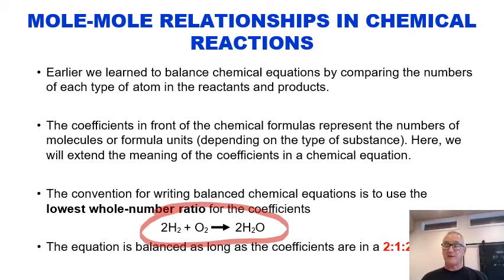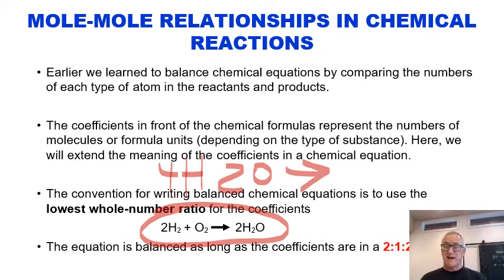We have to have the same number of atoms on each side. So we have 4 atoms of hydrogen: there's 2 molecules of hydrogen, and each molecule has 2 atoms. There is 2 atoms of oxygen: 1 molecule of oxygen, 2 atoms of oxygen.